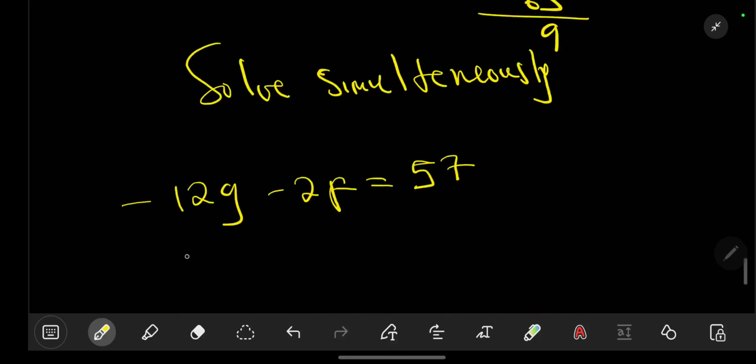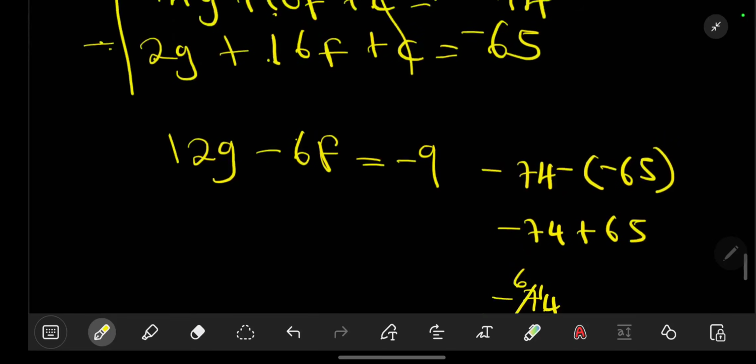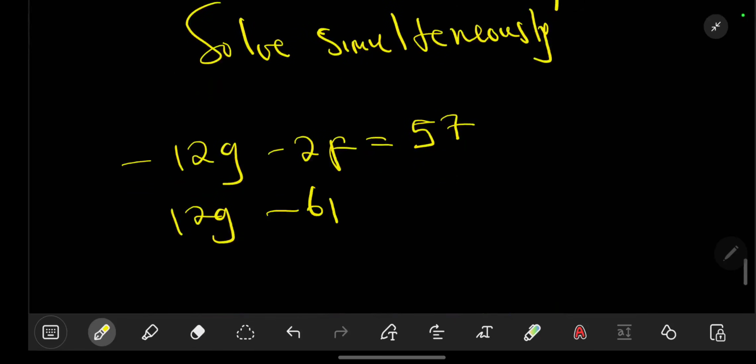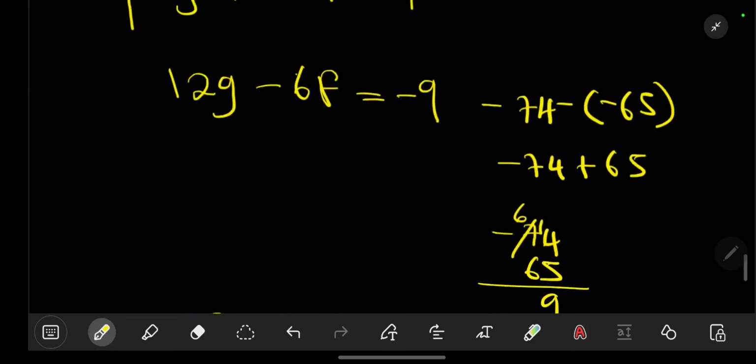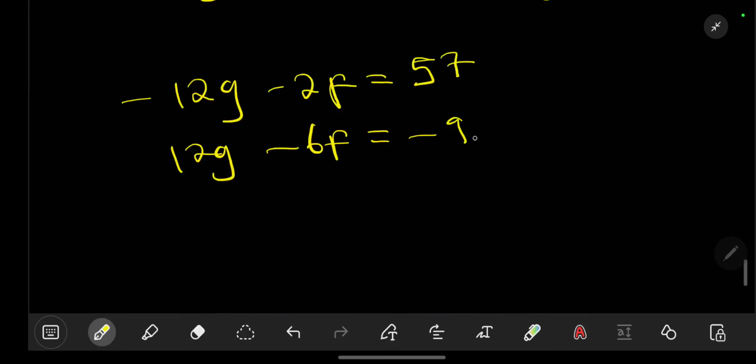Then here we are going to have our 12g minus 6f should be equal to, we have a negative 9, like that. So already, we have equal values. We have a 12 and a 12. So we are just going to add them. Instead of subtracting, just add them because they have different signs.